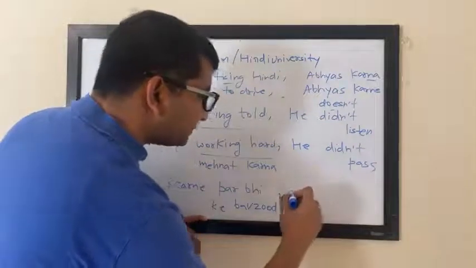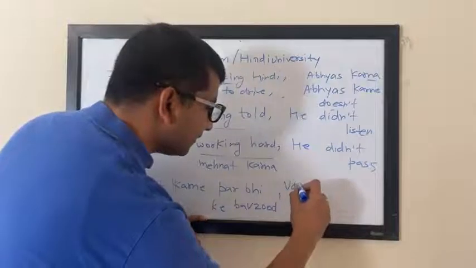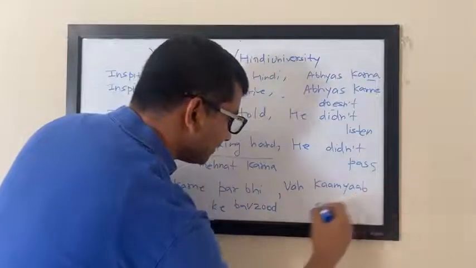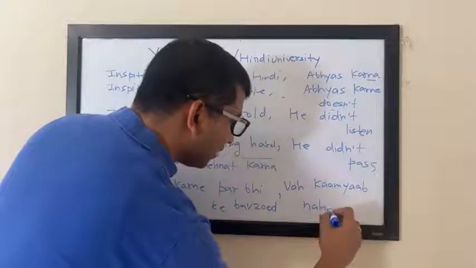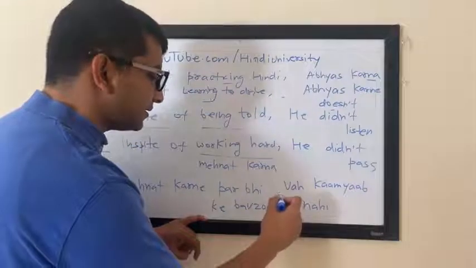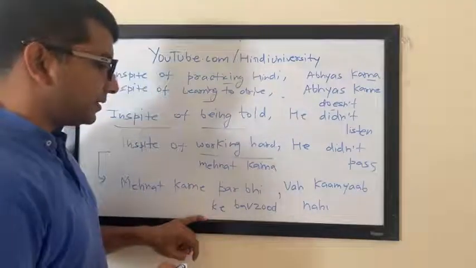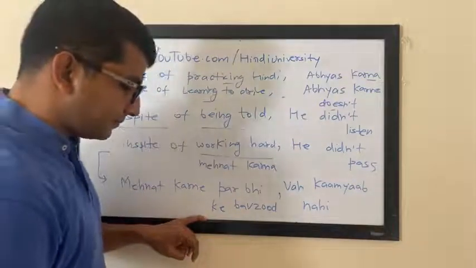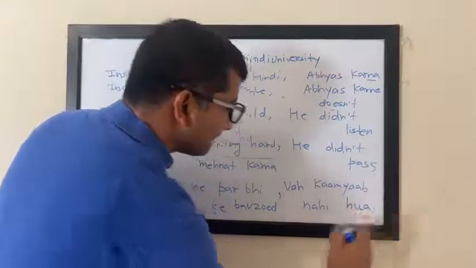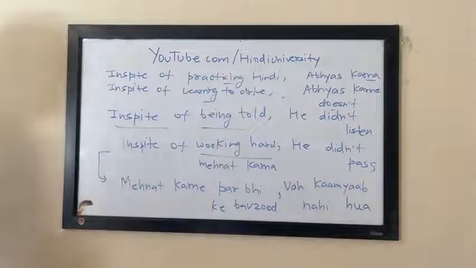You can simply say वह कामयाब नहीं होगा. नहीं हुआ और होगा. You want to say it in future or in the past? In the past. In the past, right? So वह कामयाब नहीं हुआ. Right? होगा is future.